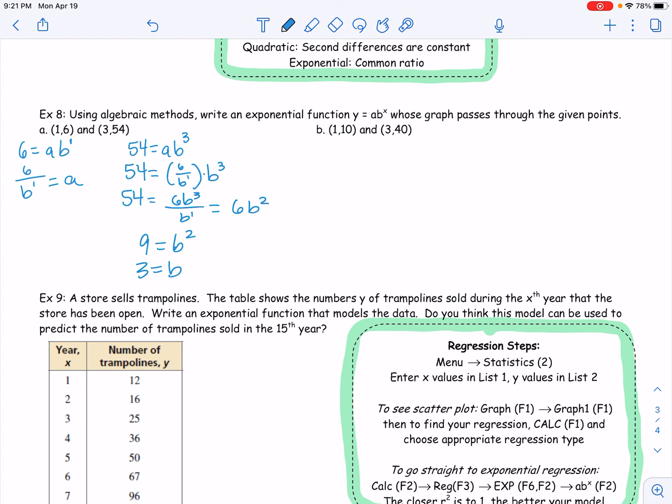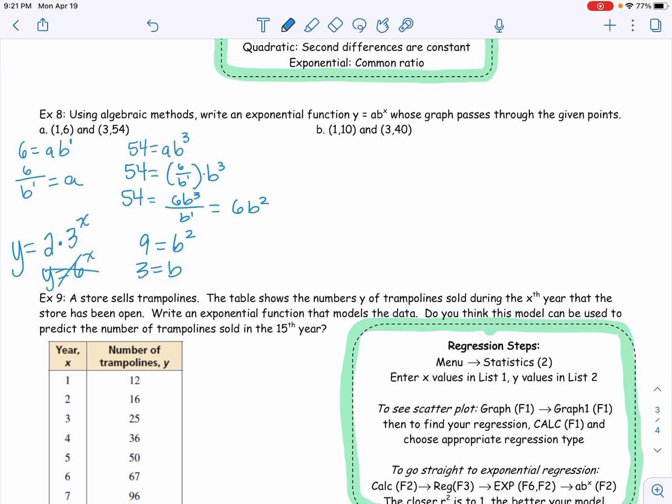So the base for this function is 3, which means if I plug that back in and solve for a, 6 divided by b to the 1, so that would be 6 divided by 3 to the first power, which is just 3, is 2. So my model is y equals 2 times 3 to the x. Please remember that this is not the same thing as y equals 6 to the x.